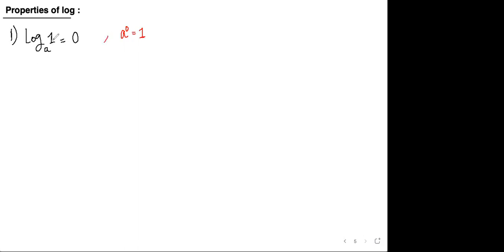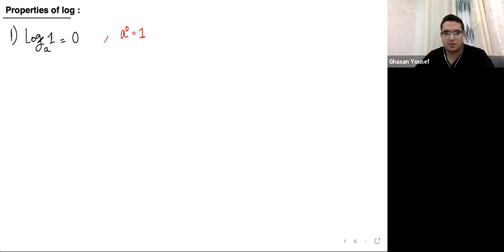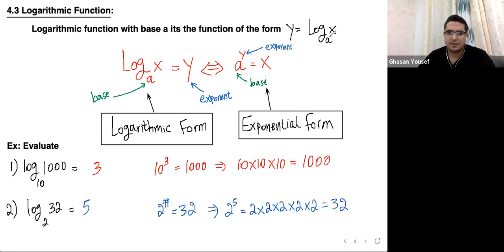So a to the power 0 equals 1. So logarithm 1 for any base is always 0. Here, by the way, this a must be positive.